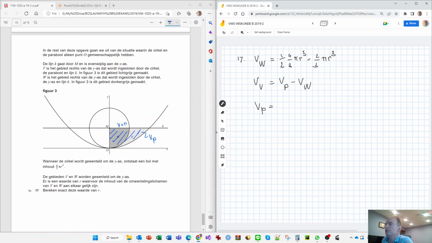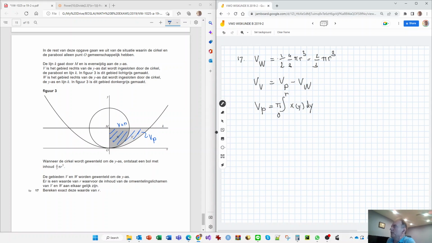Well, y goes from 0 to r, so it's 0 to r times pi. I need to multiply by pi. And then the value of x as a function of y, dy.